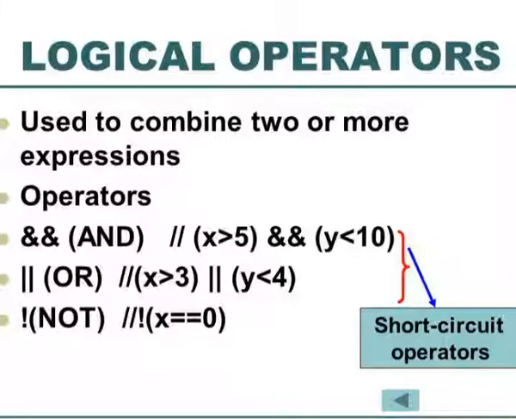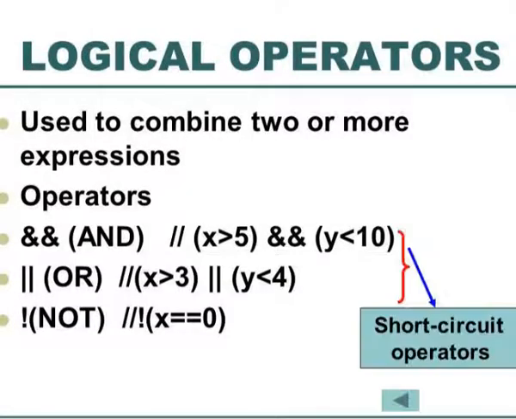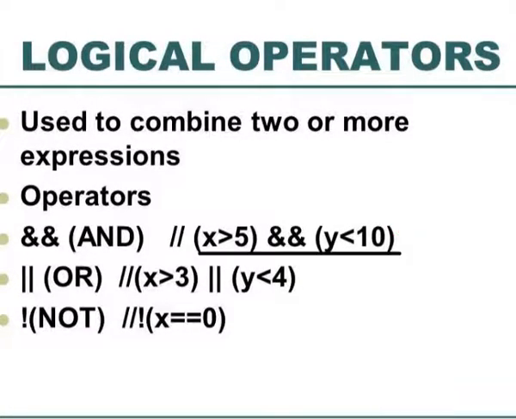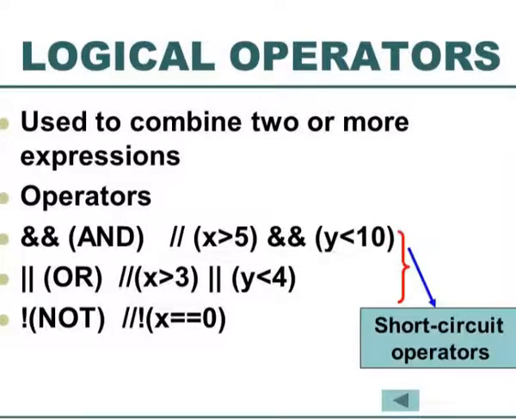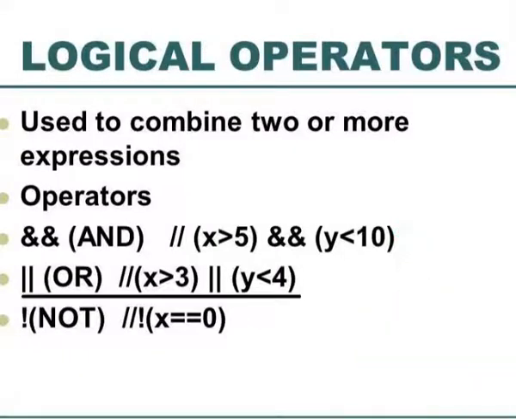So, when the compiler is executing this first expression, if it finds out that x is greater than 5 is false, automatically the entire expression will be false. So, it will not go to the next one to see whether it is true or not. By executing the first expression itself, it identifies that the first expression is false because there is an AND symbol involved. In the AND truth table, if one input is 0, the output is 0. So, here also if one is false, the whole expression is false.